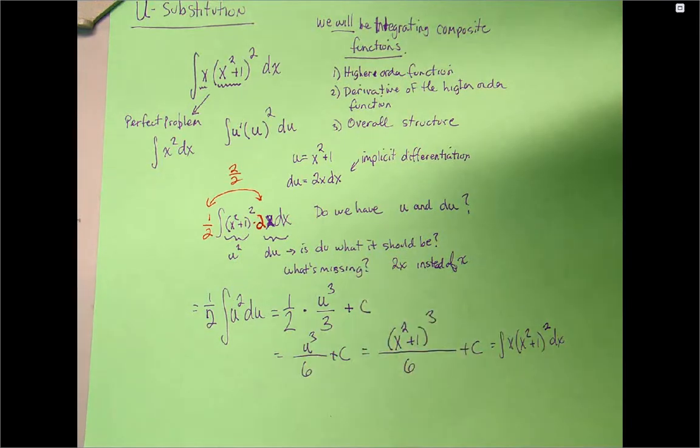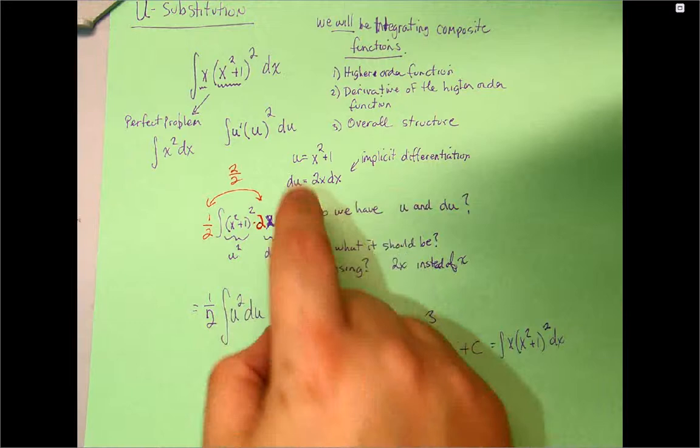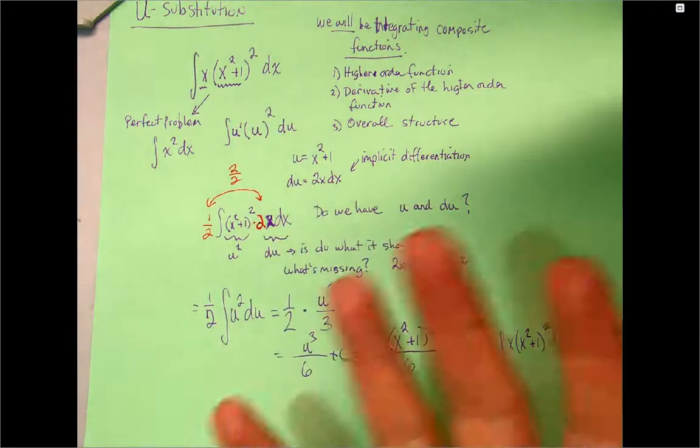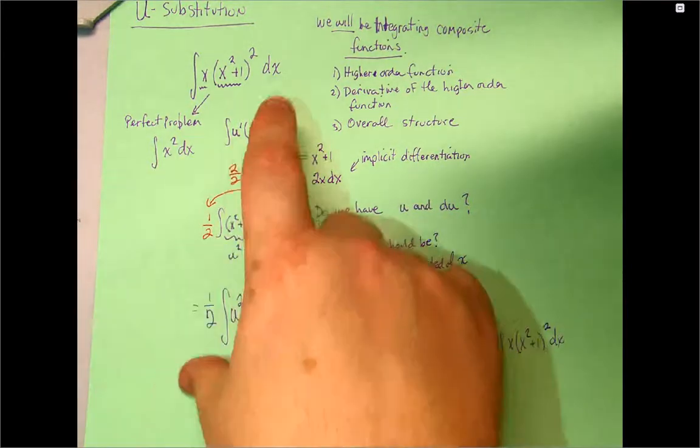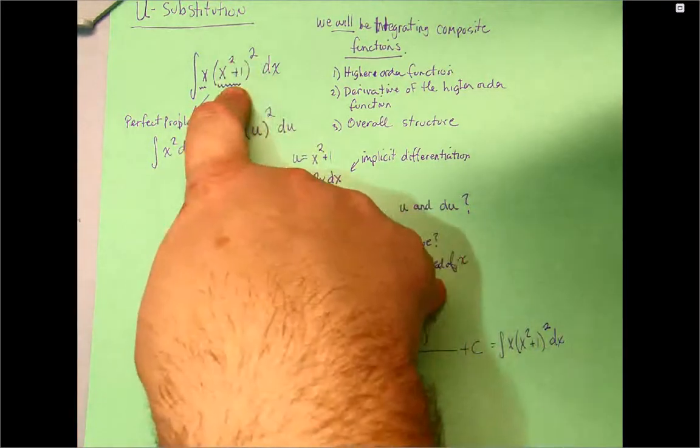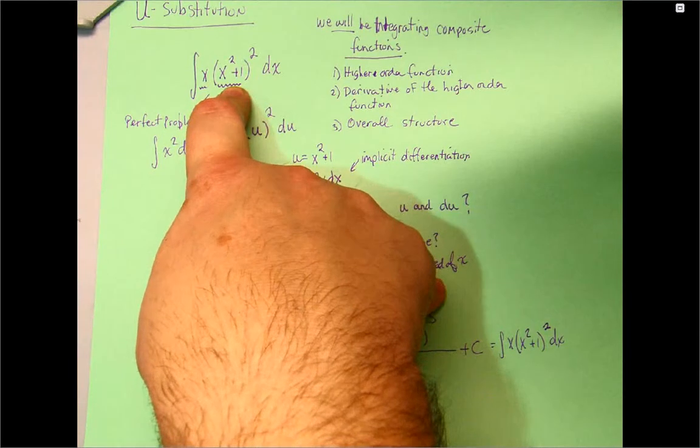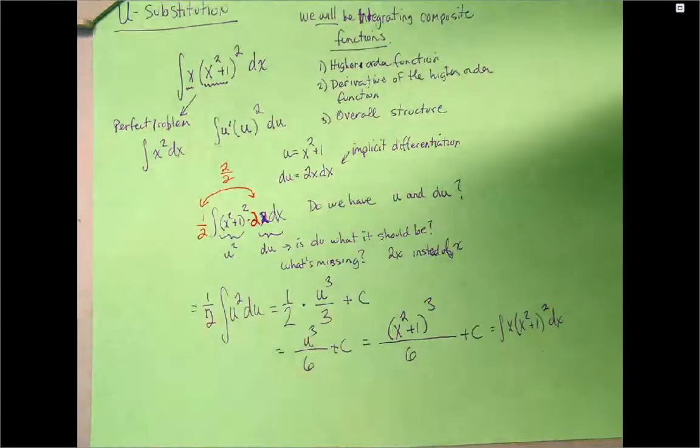Now, what we have to do in order to make sure that everything is okay is that when it's a composite like this and not just x squared or x, we have to make sure that not only is this function there, but its derivative is in there.